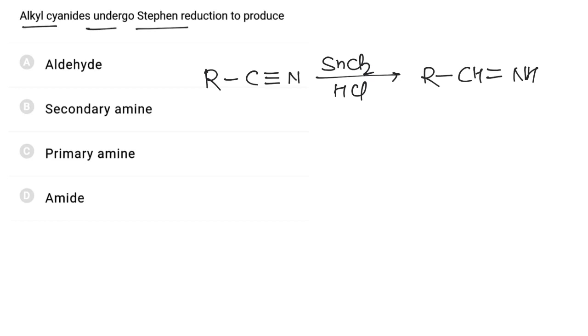Now, imine on reacting with water will convert to aldehyde along with formation of ammonia. This is a named reaction, called Stephen's method. Stephen's method is used to convert alkyl cyanide to aldehyde, and hence the correct answer is A.